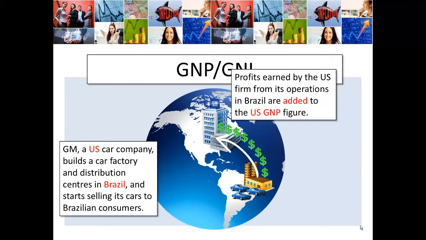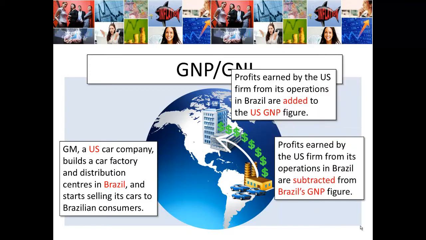Profits earned by the US firm General Motors from its operation in Brazil are added to the US GNP figure. Profits earned by the US firm from its operations in Brazil are subtracted from Brazil's GNP figure. And that makes sense, right? Because the profits that General Motors, a US company, makes are typically repatriated to America.